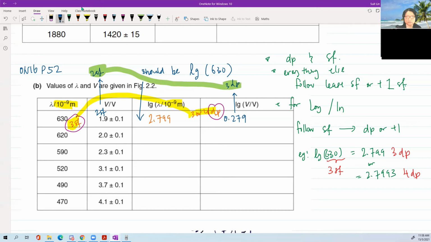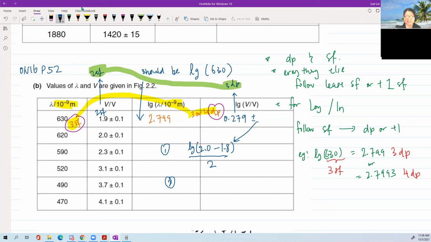Okay, let's talk about the uncertainty, plus minus. You have a few options. For this one, you can either do half the range: log of 1.9 plus 0.1, which is 2.0, minus log of 1.9 minus 0.1, which is 1.8, divided by 2. This is option one, half the range.